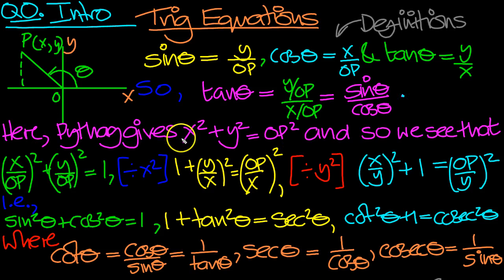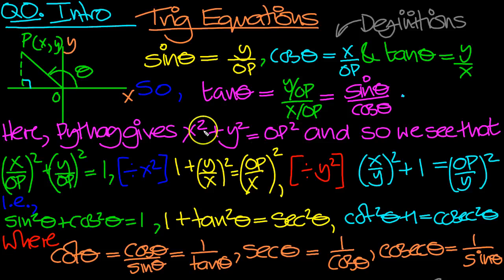Now, Pythagoras' theorem for a right-angled triangle gives this length squared is equal to the x squared plus the y squared, isn't it? Divide by OP all the way through, squared. This will become 1. This becomes x over OP bracket squared, and this becomes y over OP bracket squared.